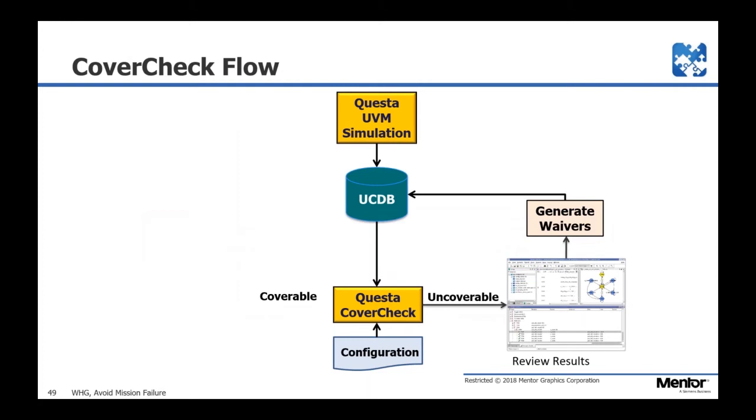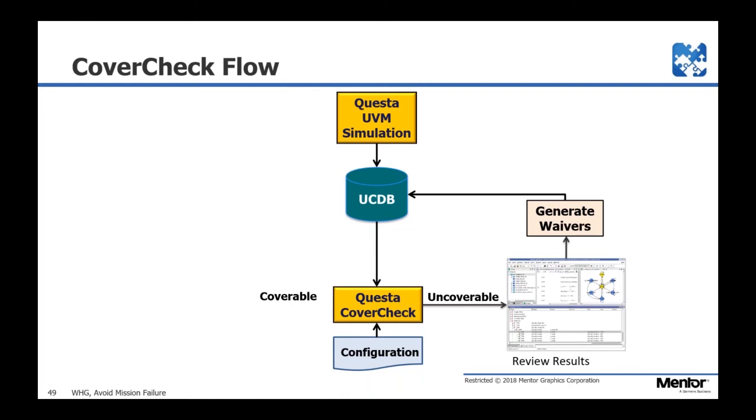What our Covercheck, which is a formal verification tool, does is you run your verification suite. You collect all that coverage information. You have those coverage holes, and then Covercheck will do finite state space analysis on your design, and it will find the lines of code, the conditions, the whatever, that are uncoverable.